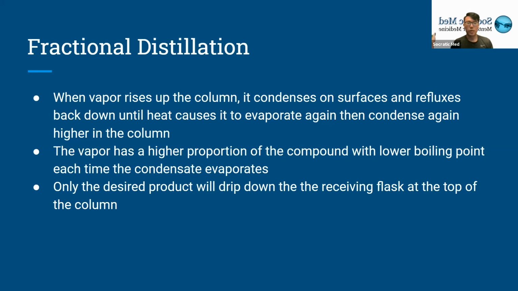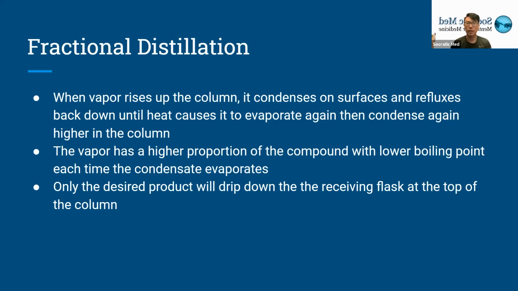So how this works is when the vapor rises up the column, it condenses on those surfaces in the fractionation column and refluxes back down until the heat causes it to evaporate again and then condense again, once it condenses higher in the column. So basically, it's repeated rounds of evaporation and condensation until it reaches the top of the fractionation column and then goes into the condenser.